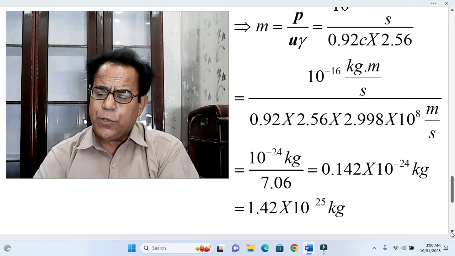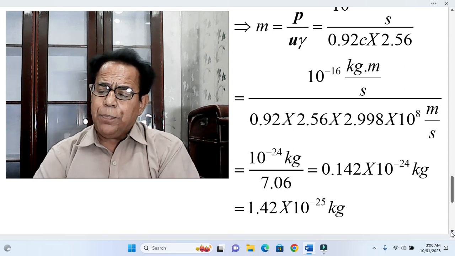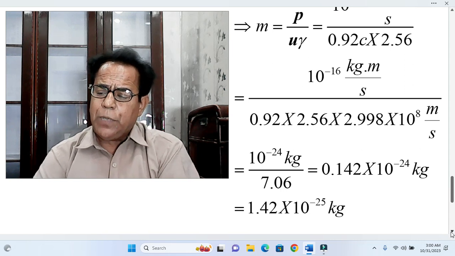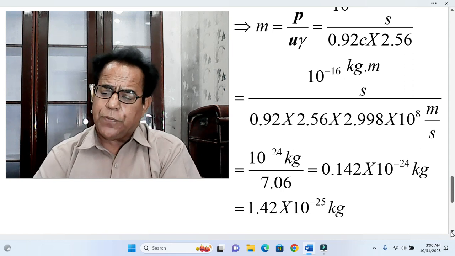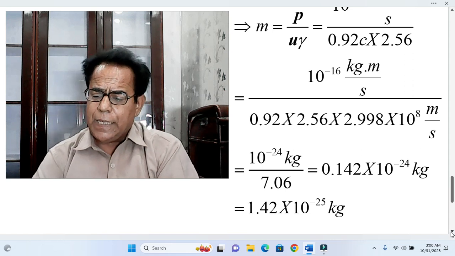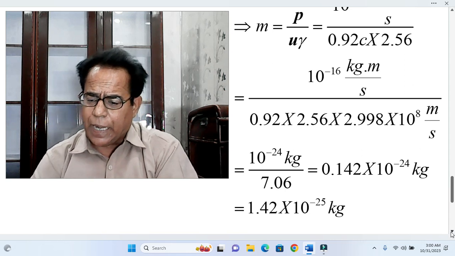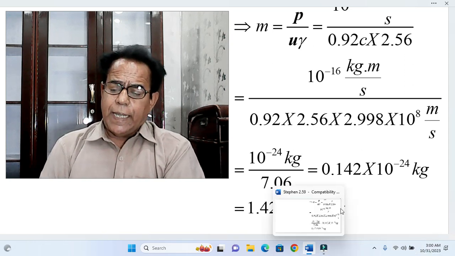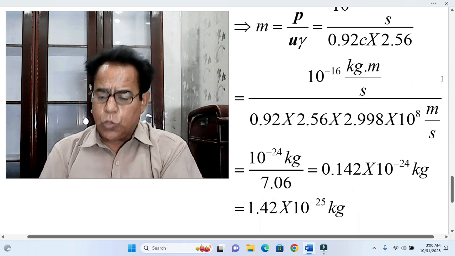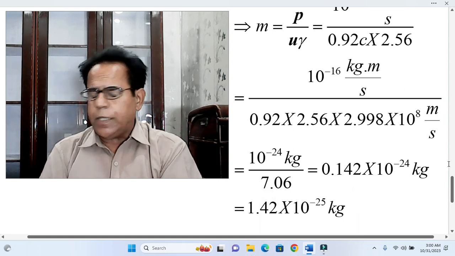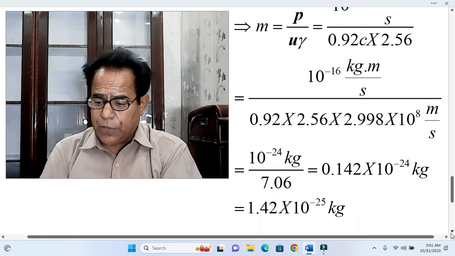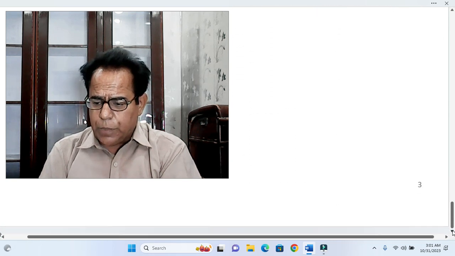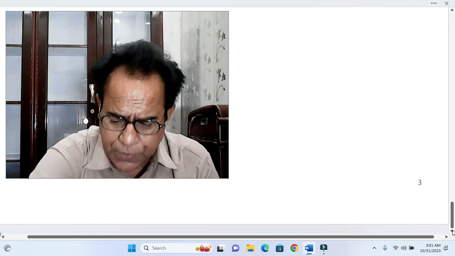In doing so our power of 10 is increased by 1, so it becomes 10 raised to the power minus 25, because the decimal is being shifted one step ahead. Our mass has become equal to 1.42 into 10 raised to the power minus 25 kilogram. This is the end of our problem. This is the end of our video. Till next video, Allah Hafiz.